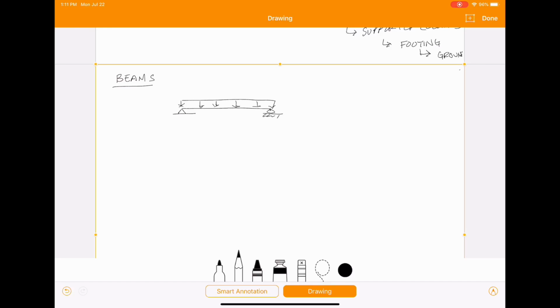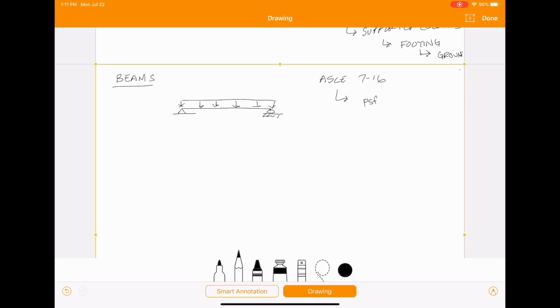Now these loads come from ASCE 7-16, and that's where you're going to get all of your loads from. That's where they're defined. And those loads will be given to you in PSF.